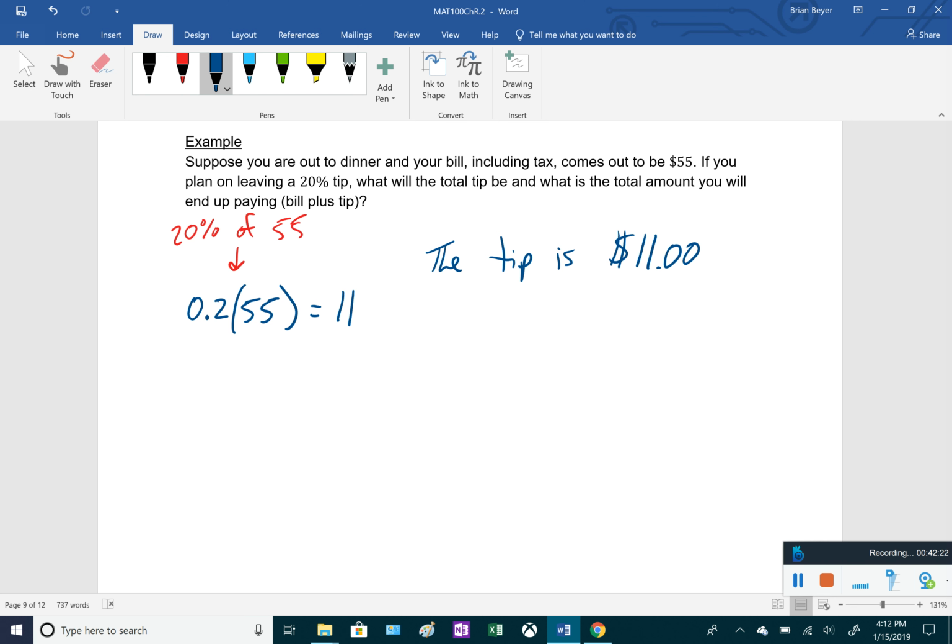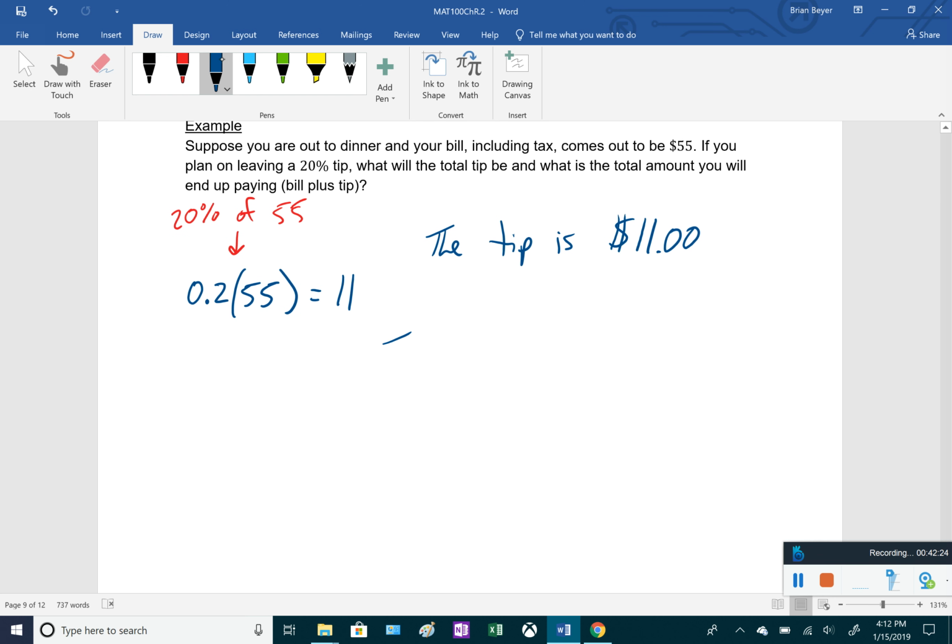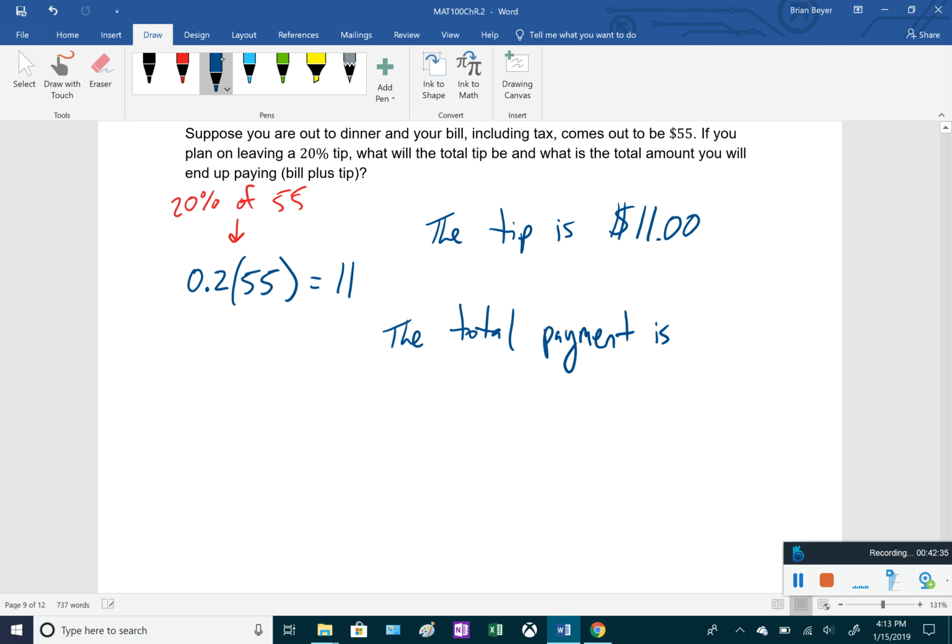The total amount you pay is going to be the bill plus the tip. So that's going to be $55 plus the $11, which is $66.